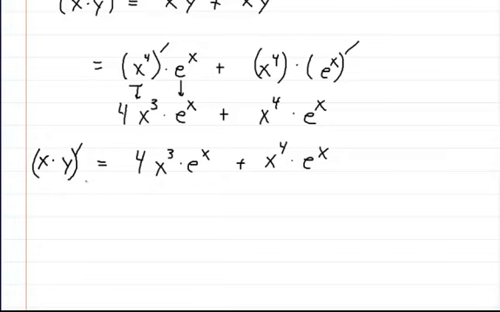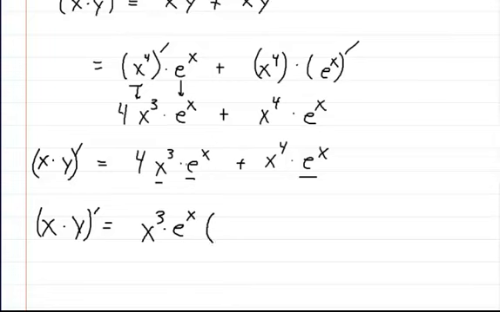Now your teachers might ask you to simplify it a bit more, so if they do, you can go ahead and do that. Here we can take out an e to the x, because that's common to both of them, and we can take out an x cubed. So we put down x cubed times e to the x, and that just leaves you on this side with a 4.